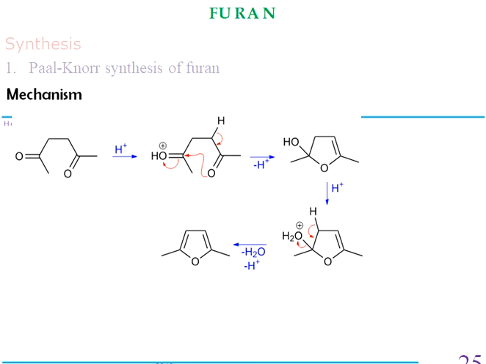In order to stabilize it, it will eliminate one molecule of water. And from the fourth structure, you can clearly see that the proton is lost and one water molecule is being released here, resulting in the formation of aromatic furan. And since it is aromatic, it is highly stable. This mechanism is for substituted furan.